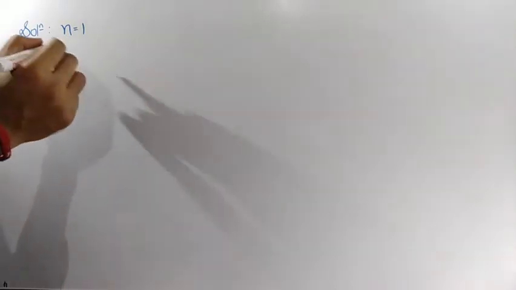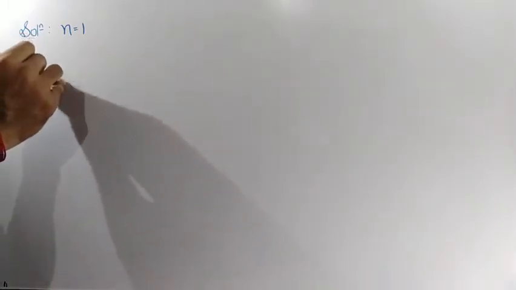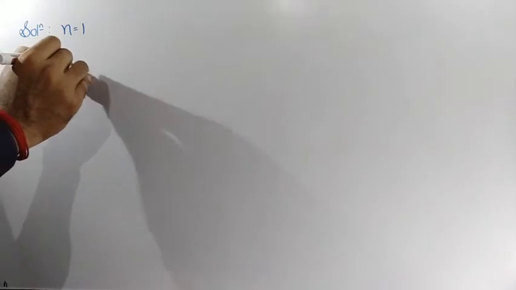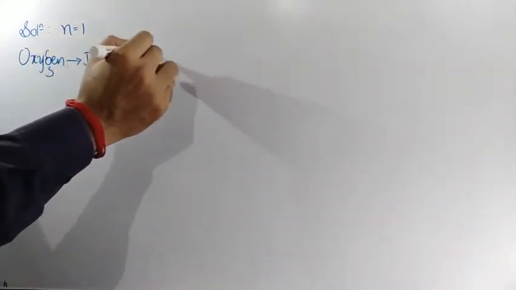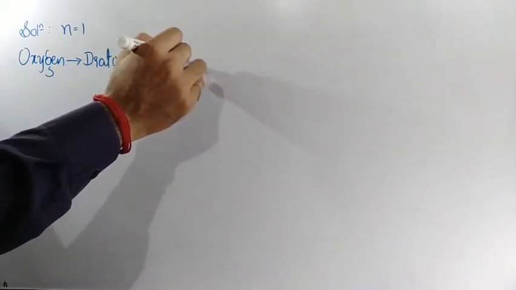Solution. So given that 1 mole of oxygen, that means N value is how much? 1. Clear? N is equal to 1. Then what they had given? Oxygen. Remember, oxygen is diatomic molecule.